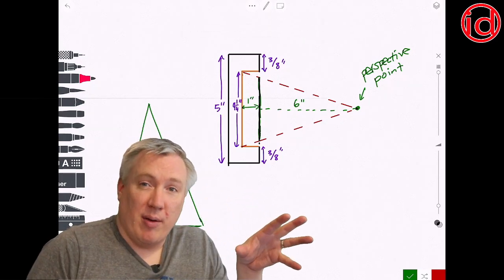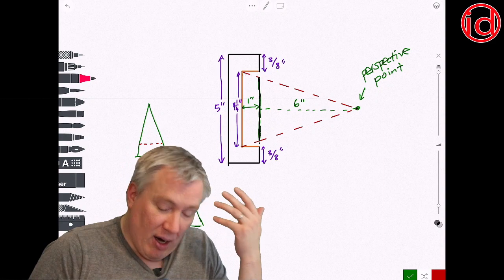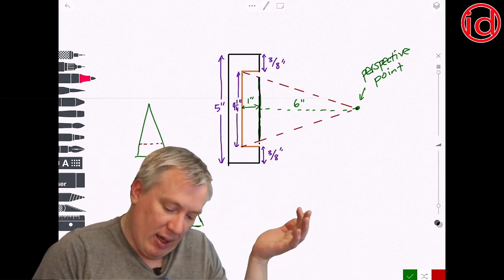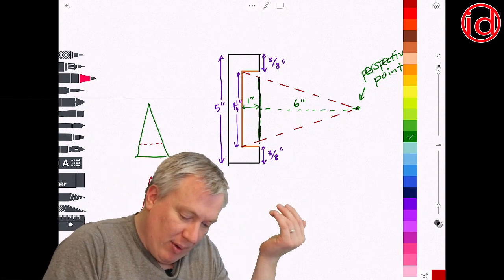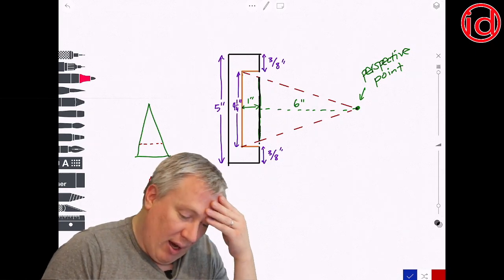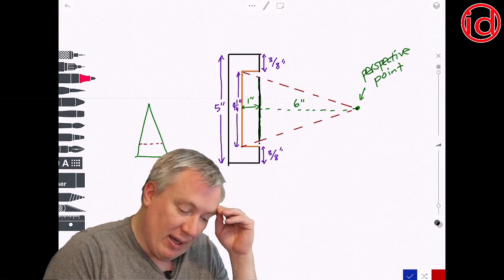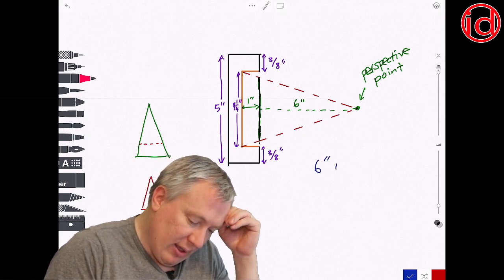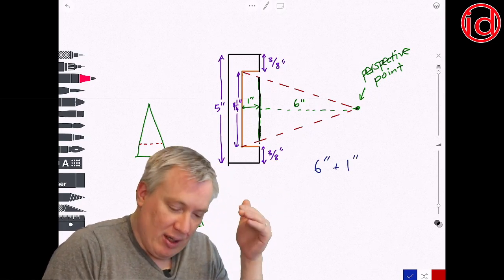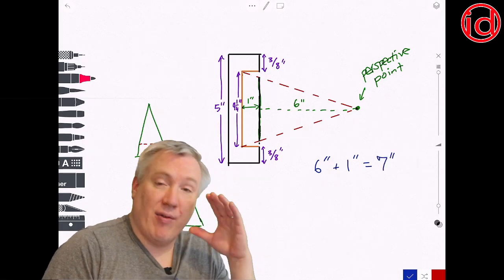And here's how the math comes in. Once you understand it, it's not hard to use this on pretty complex problems. How far is the backside away from my perspective point? Well, I have to add 6 inches plus 1 inch, so I am now 7 inches away from what I'm looking at.